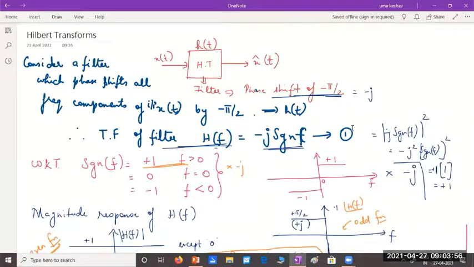We represented the Hilbert transformer transfer function h of f in the frequency domain.